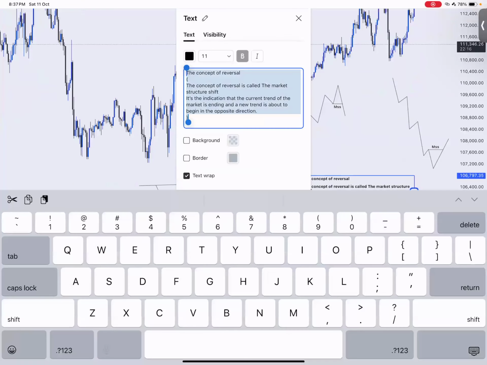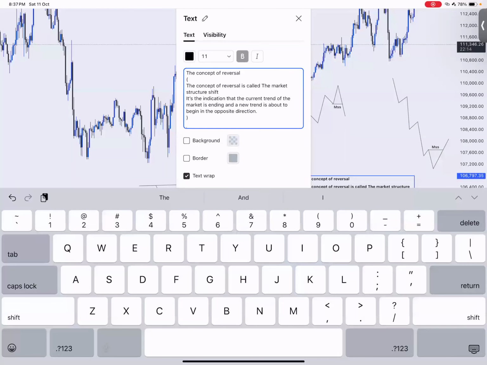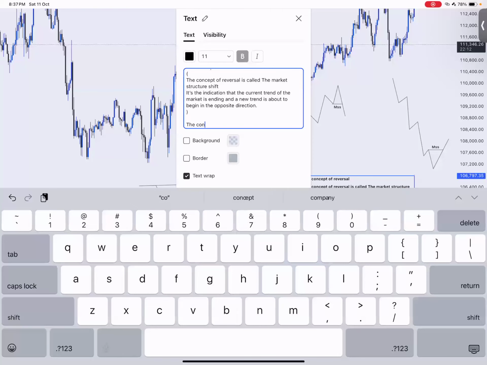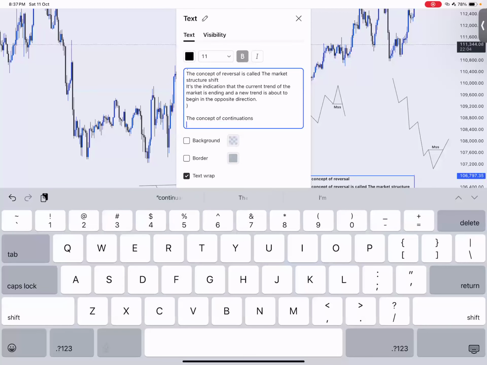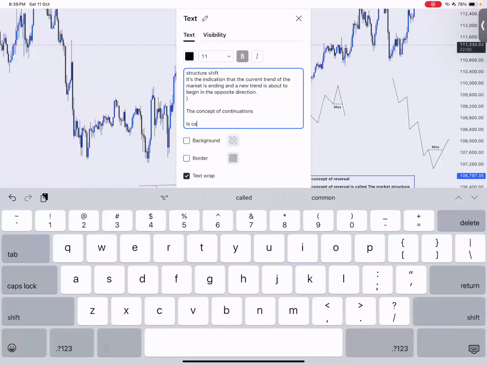I'll type it out. The concept of continuations is what's called a break of structure.